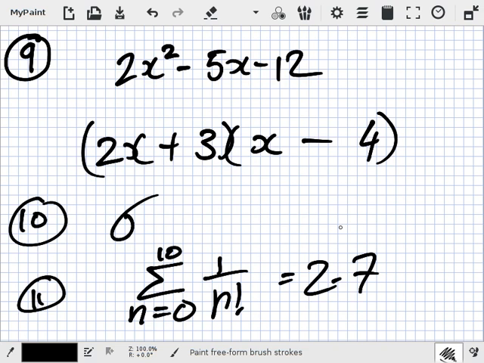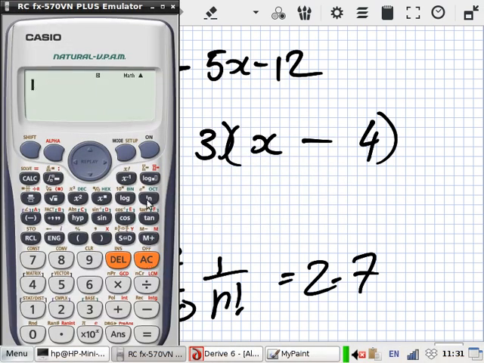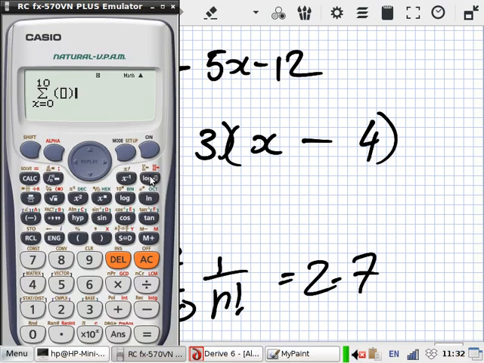Pascal's triangle, there was a number missing. Do you remember that? Number 11? No. Watch. I haven't typed anything yet. Shift, 0 to 10, 1 over x factorial. Where's factorial on this?